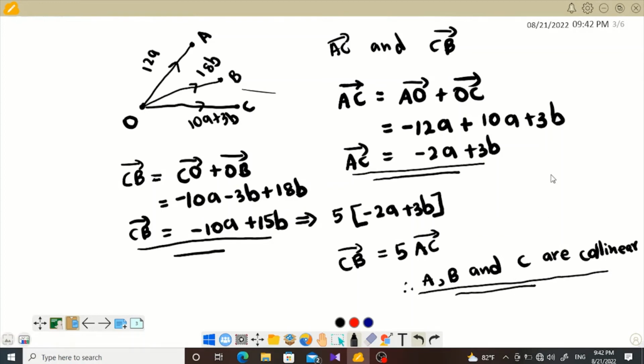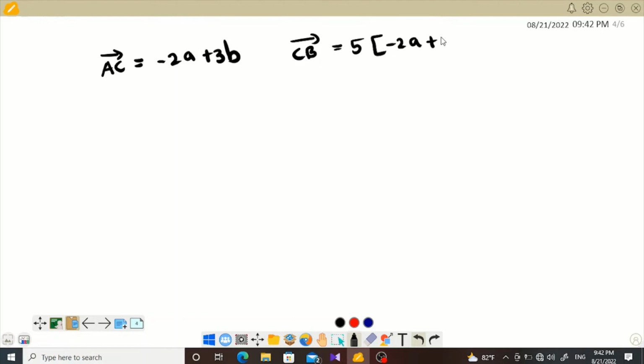Then I have to find the ratio AC to CB. My AC is minus 2a plus 3b and my CB is 5 times minus 2a plus 3b. I have to get the ratio of AC divided by CB.